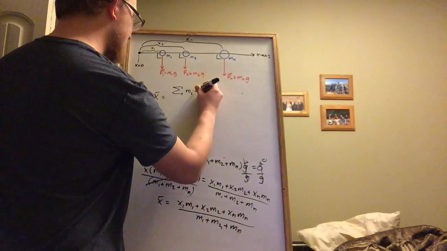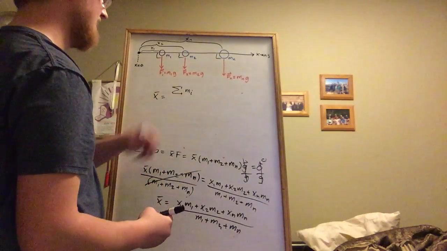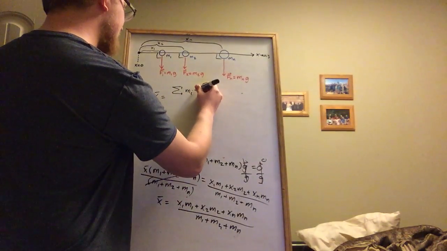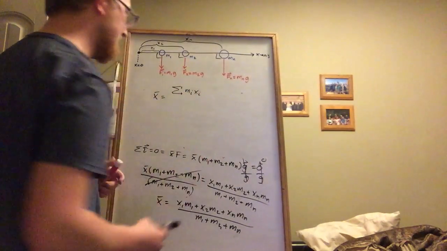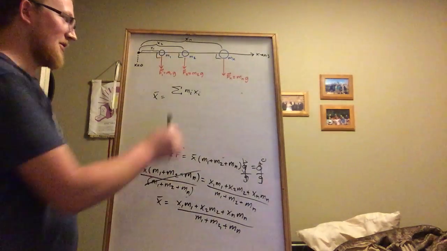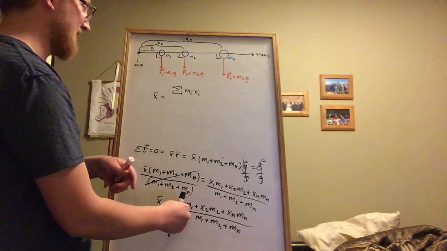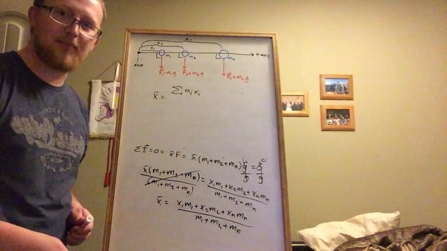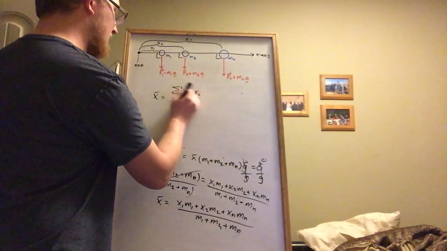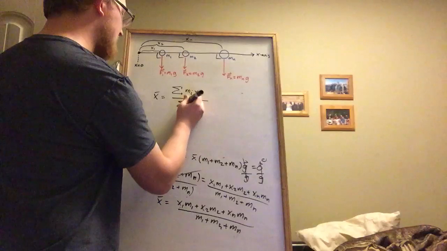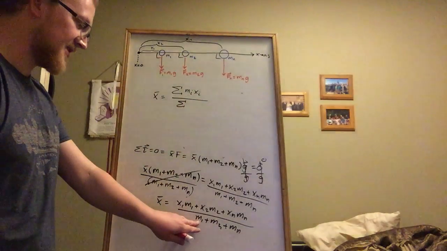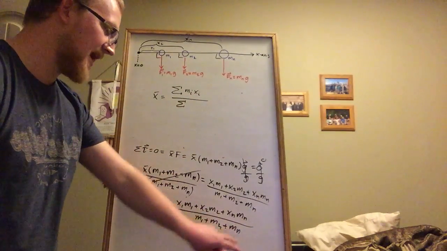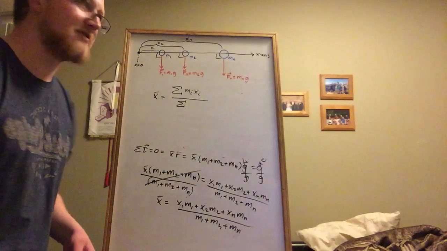the sum of the ith mass, whatever iteration of mass that is, times xi. So mass 1 times x1, mass 2 times x2, that's what this top part is taking care of. And then we're going to divide it by what's on the bottom, which seems to be the sum of the masses, to whatever number of masses you have.